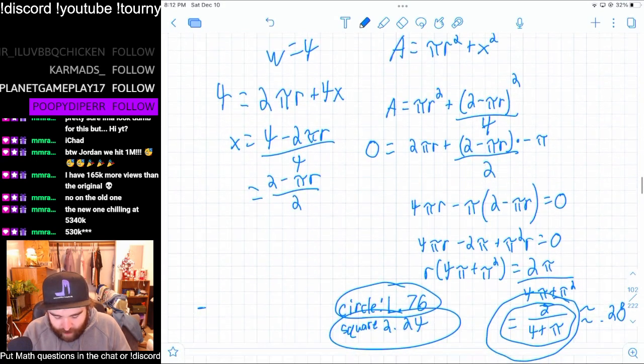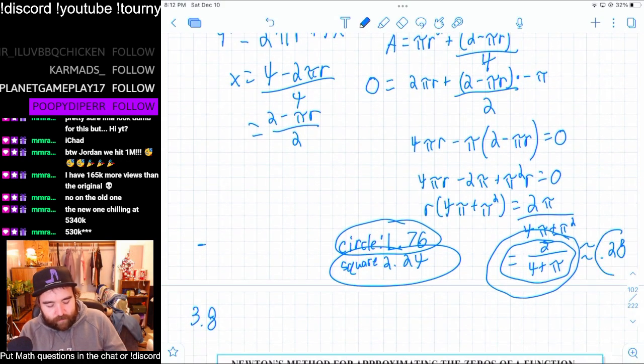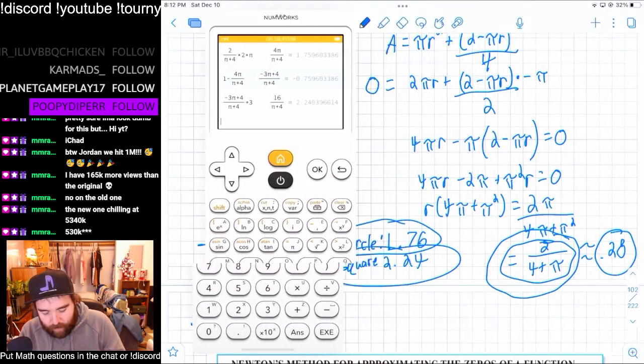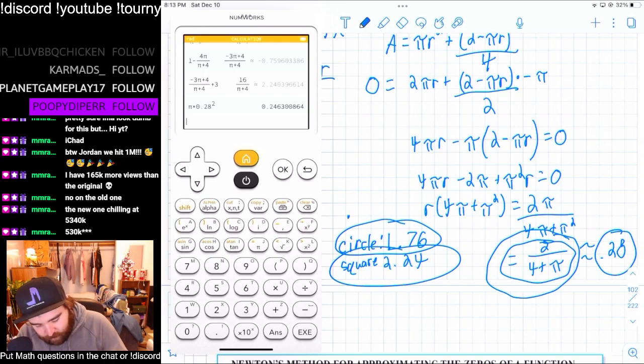So then what are the areas? Well, if this was the radius, that means the area of that circle is pi times 0.28 squared. So the area of the circle is 0.246, while the area of the square is, well, I found that this is the perimeter of the square, the 2.24.